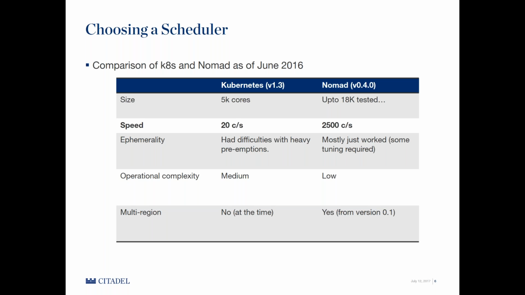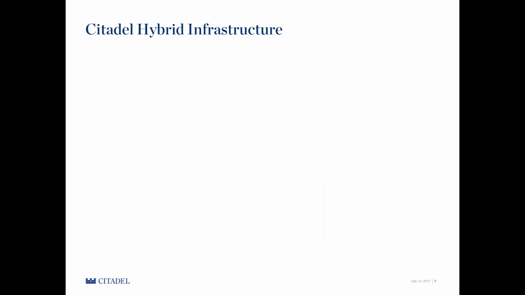The last thing, which was something Arman alluded to, was the multi-region capability. At the time, Kubernetes Federation was not available. Nomad's multi-region support has been out of the box since day one, and it's very much more in line with how you'll see we treat our global pool of compute.